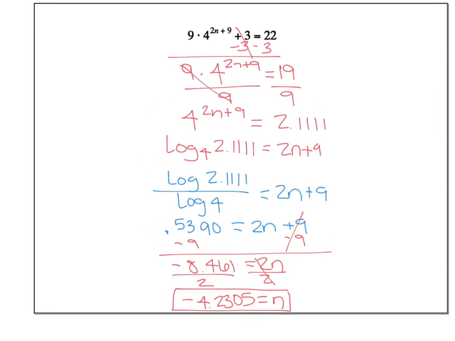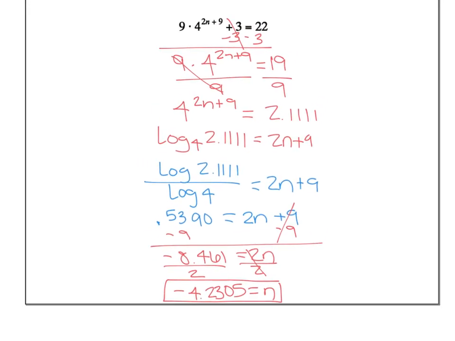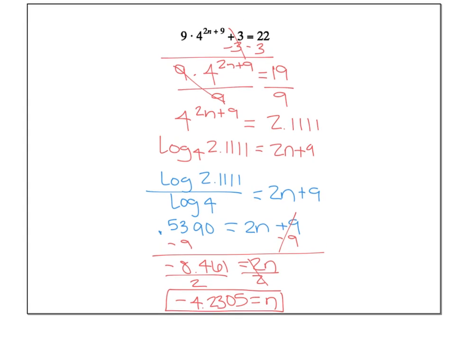All right. So again, to recap what we did. You're solving here, moving things around to isolate the base with the exponent. All right, so that's what we did. We subtracted, we divided, and then we had our exponential form. So we rewrite in logarithmic form.